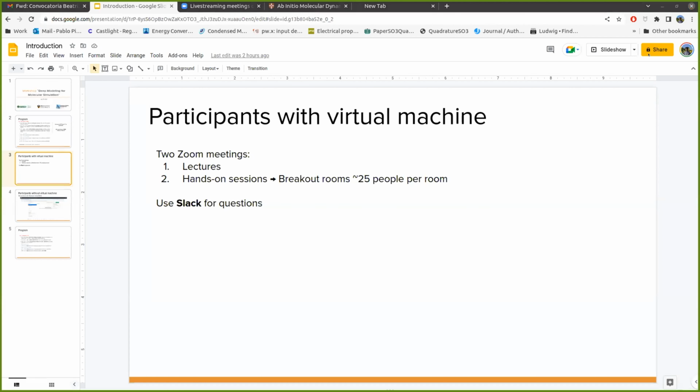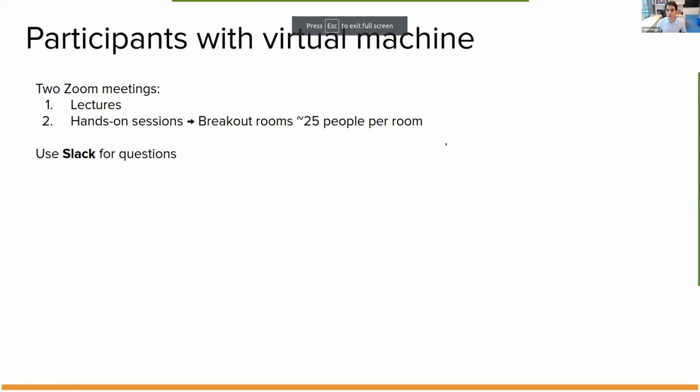So at 11, we're supposed to start with the hands-on sessions. I have a few remarks about that. I will share my screen. For participants that will have a virtual machine, I would like to clarify that we will have two Zoom meetings.